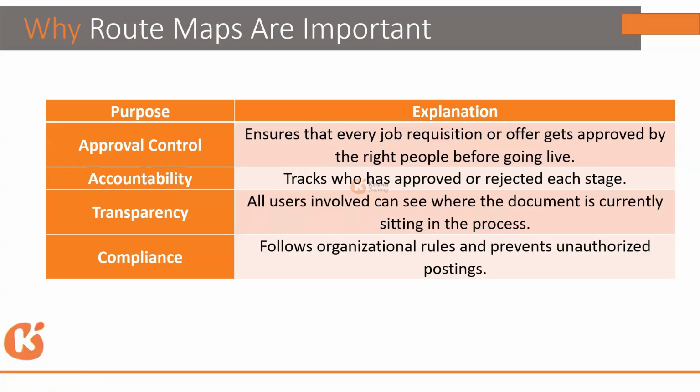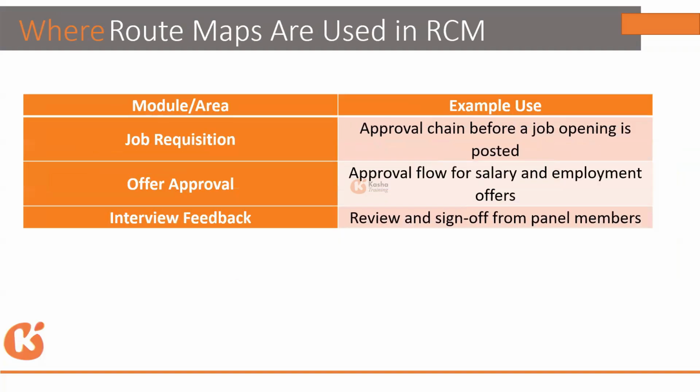Then there is transparency. When you have a route map, you know who is currently involved in the process. And then there is compliance, so it doesn't go to any unnecessary person. It always goes to the person you have defined in the system. These are the reasons a route map is important.